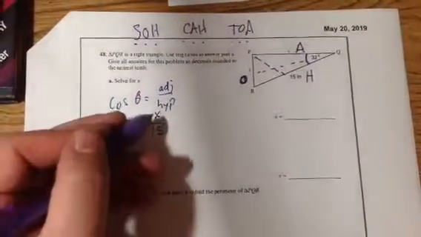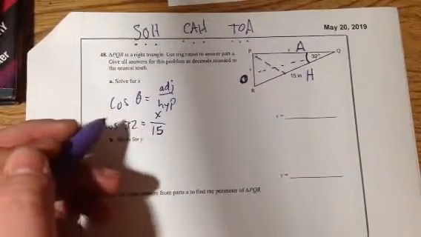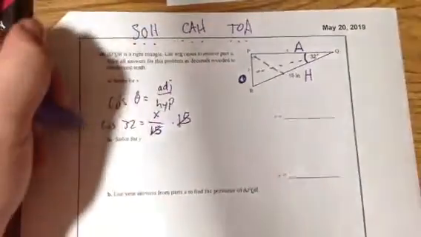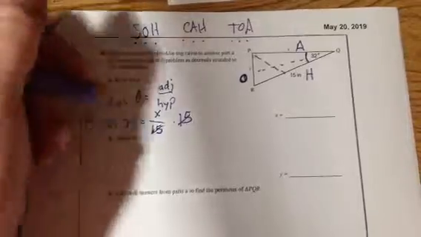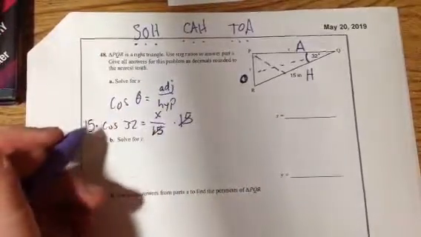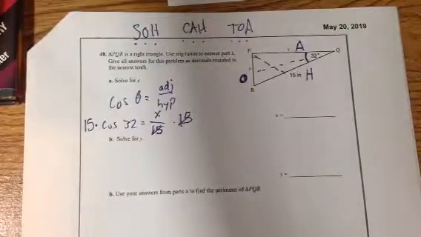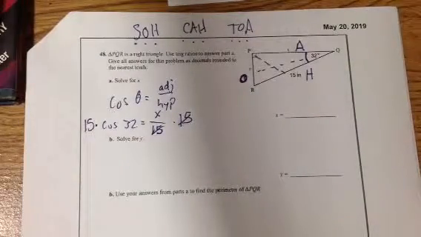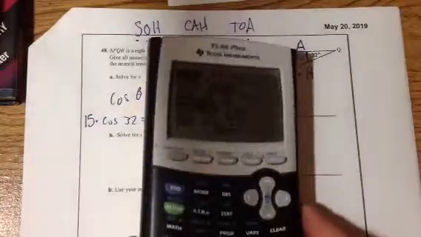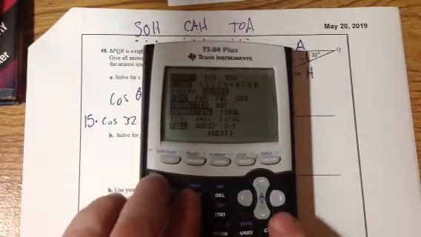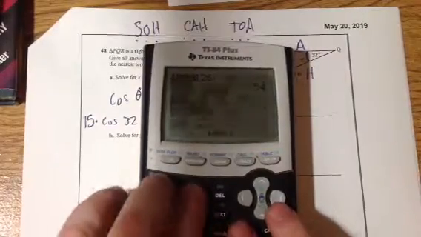Now if you remember, when x is down low, we have to multiply. So we're going to multiply each side by 15, and x is going to be equal to 15 times the cosine of 32. Go ahead and hit the mode button on your calculator and make sure you're in degree mode.